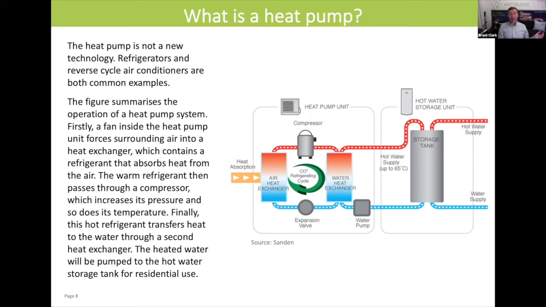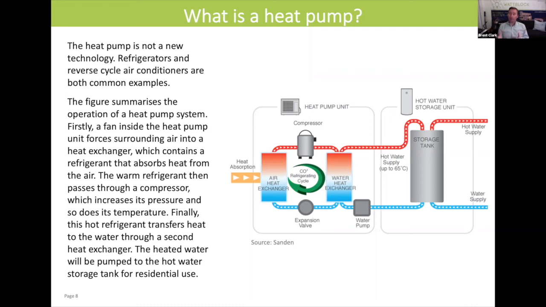I actually had a friend who lives in a house rather than an apartment building call me yesterday. He had his electric hot water tank explode, and he said, should I consider a heat pump? And basically, I gave him some detail to show that, compared to what he's got at the moment in an individual house, he'll save about $680 a year by switching to an electric heat pump.